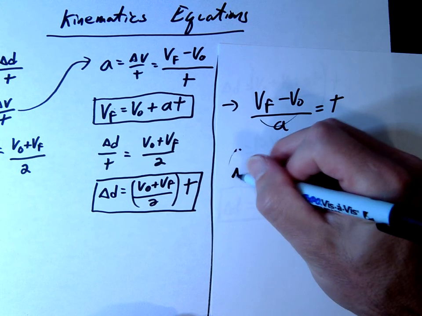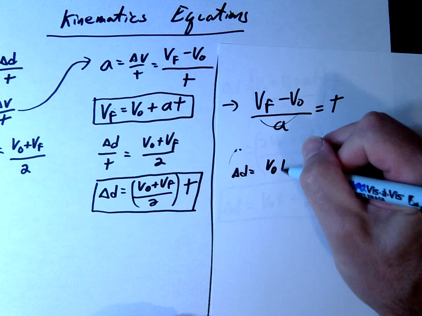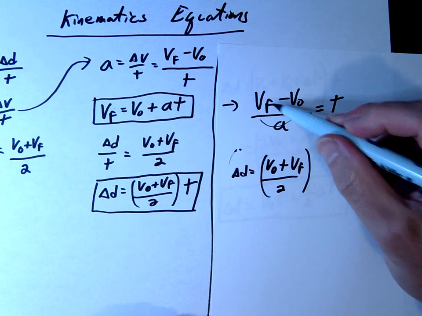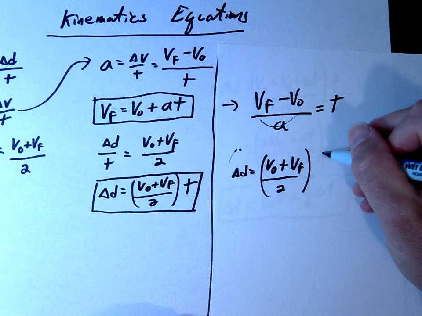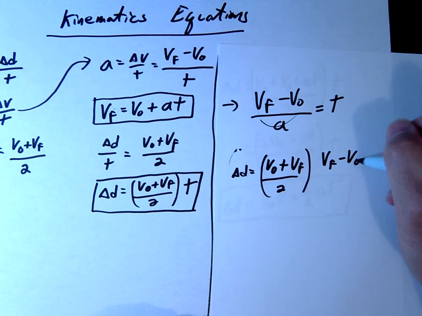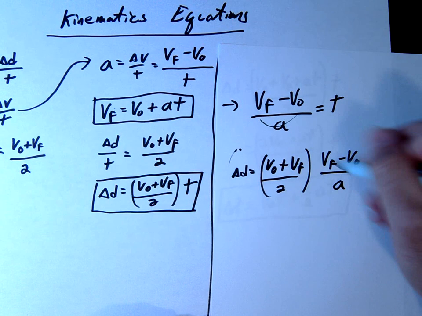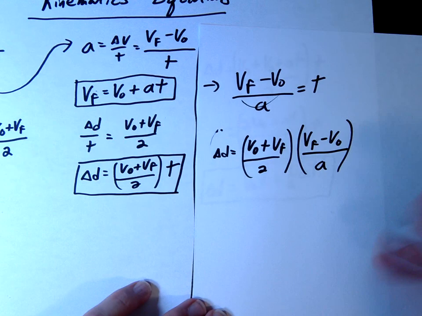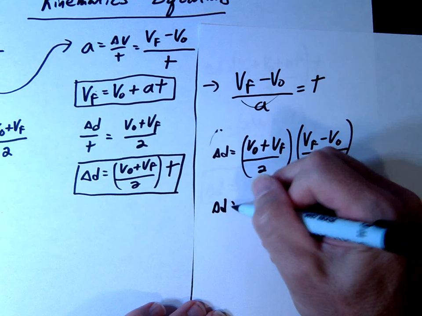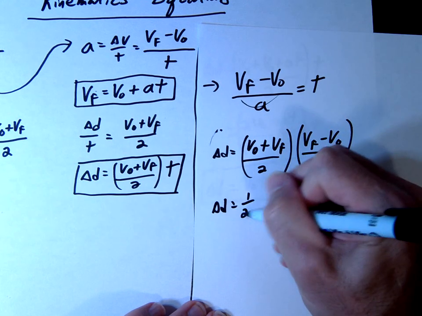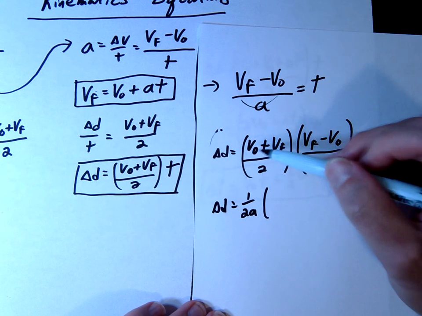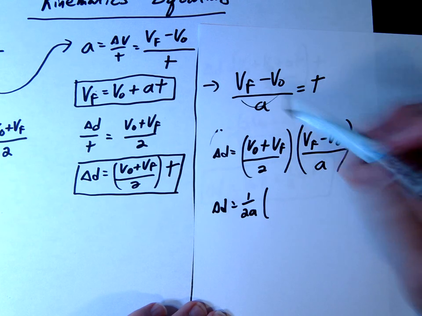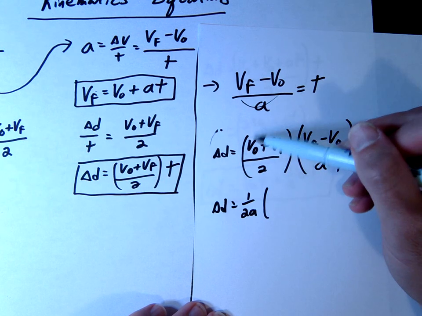So that's going to give us delta d equals vo plus vf over 2, times vf minus vo over a. Then we're just going to solve this. The first thing I'm going to do is pull out the 2a here. Then we're just going to have vo plus vf times vf minus vo. Remember back in 8th grade where you learned the FOIL method?